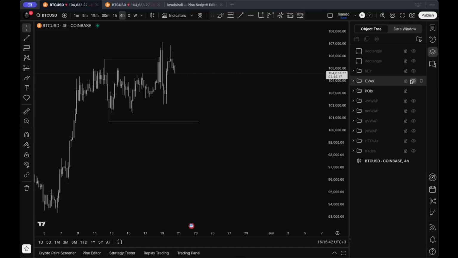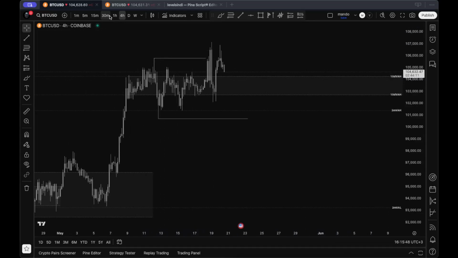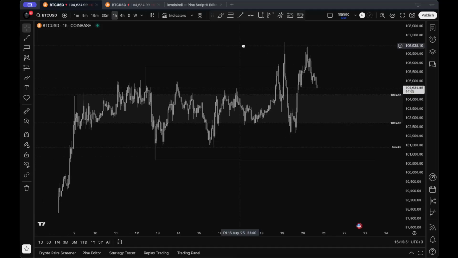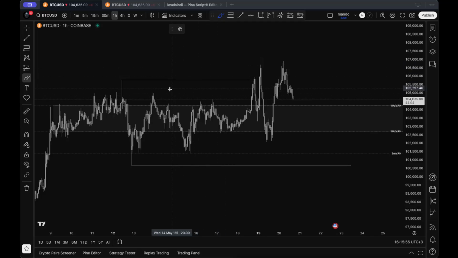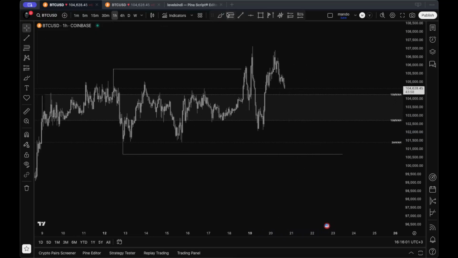Now let's add to that our composites. So let's go into the 1-hour time frame. Okay, so here we have this range, this external range, along with our internal value that has been formed with our internal composite, the 10-day value as it is for now.